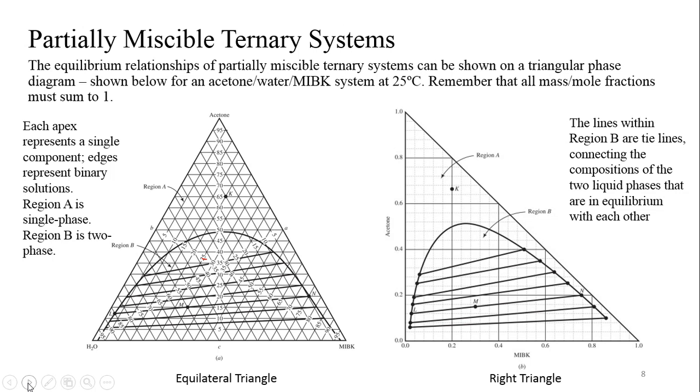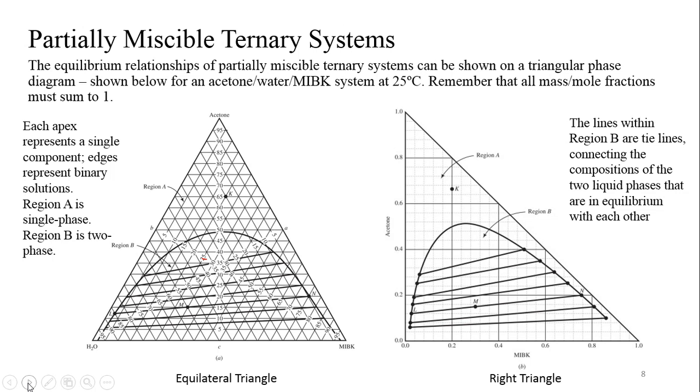Now we have to look at equilibrium relationships for three-component systems. We're going to take a look at a specific one here. We'll look at one that involves three components, and the components here are going to be water, acetone, and MIBK.